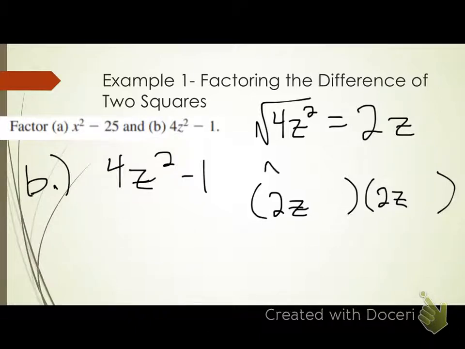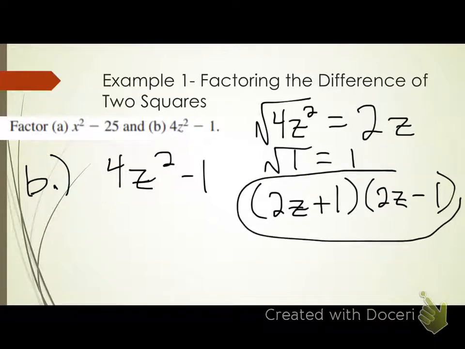Step 2, take the square root of my second term. Square root of 1 is 1. So I'm putting 1 in the second slot of each set of parentheses. Step 3, make 1 a plus sign, 1 a minus sign. There's my two factors.